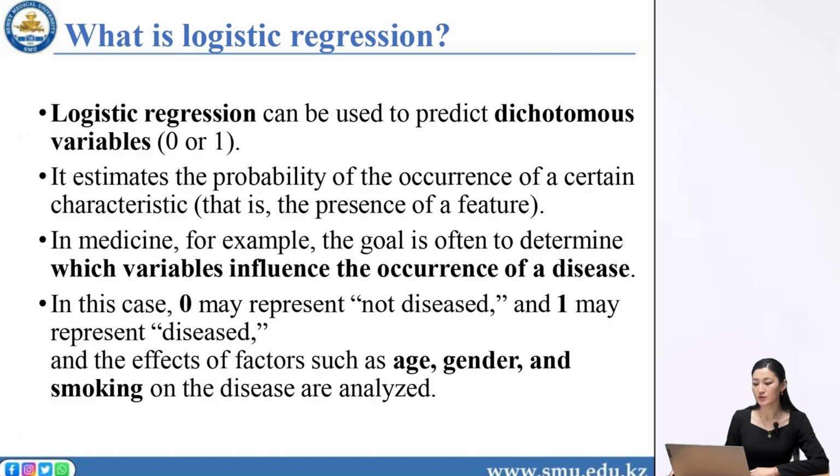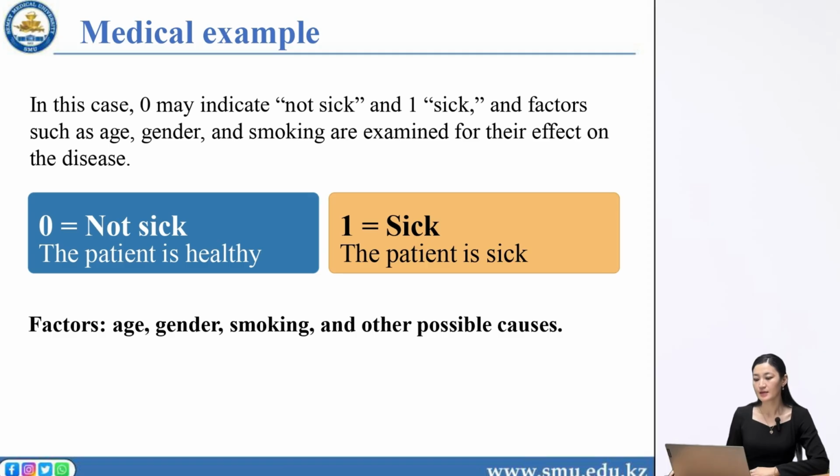In this case, 0 may represent not diseased and 1 may represent diseased, and the effects of factors such as age, gender, and smoking on the disease are analyzed.